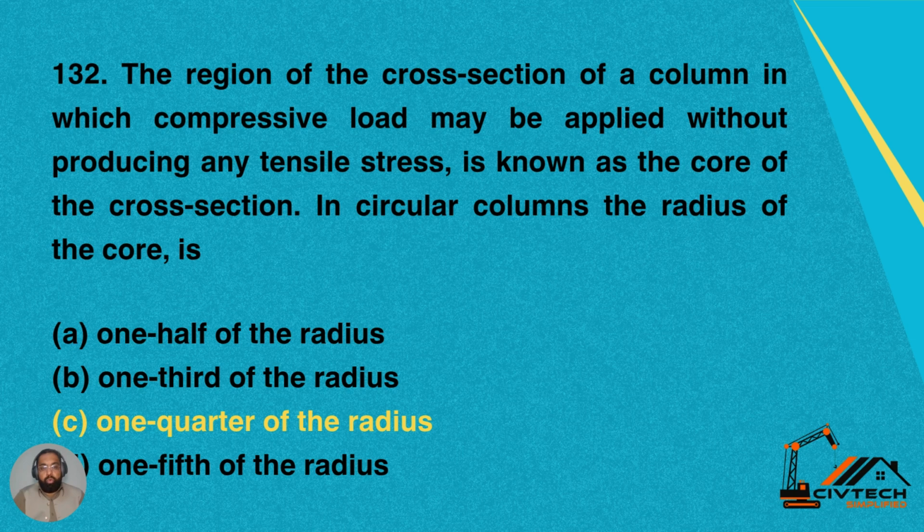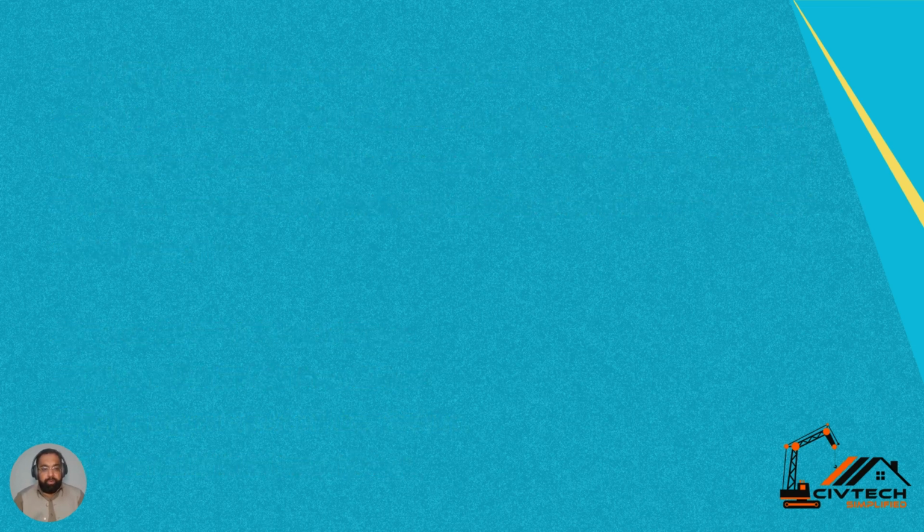So what is the core? The core is the region of cross section of a column in which compressive load may be applied without producing any tensile stress. And in case of circular column, the radius of the core is 1/4 of the radius. C is the correct answer for this question.